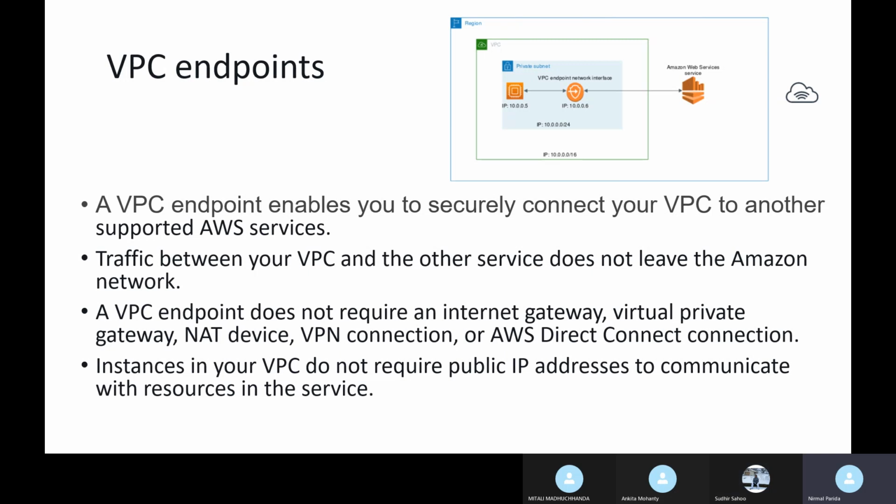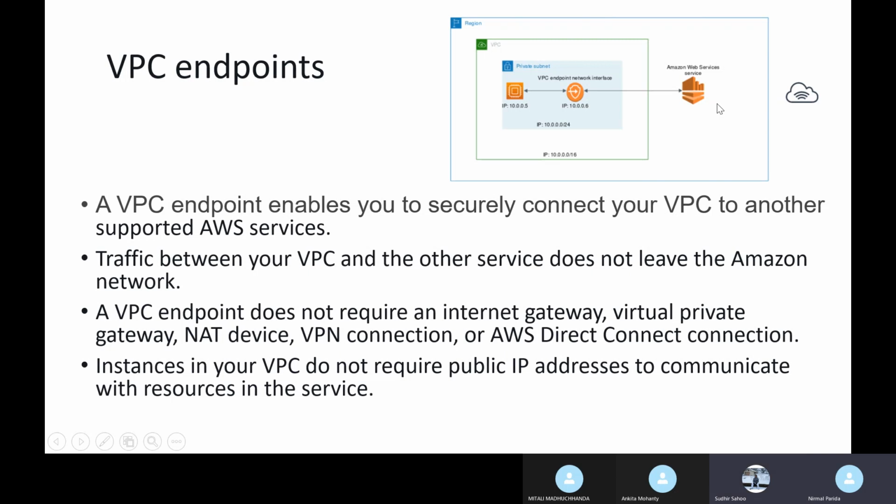So see here, one VPC endpoint connection. That means suppose you are in a private subnet, right? And you have one private instance with a private IP. Then how does your private instance communicate with other AWS services?